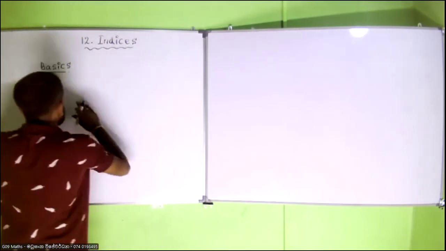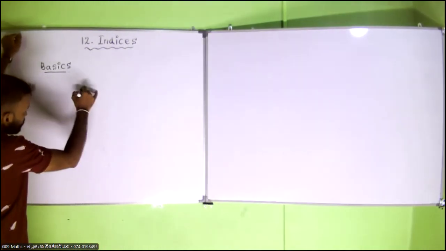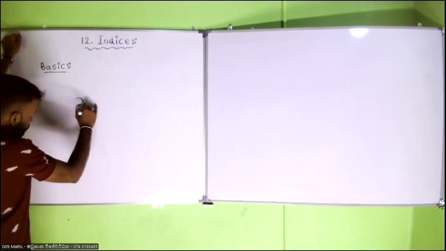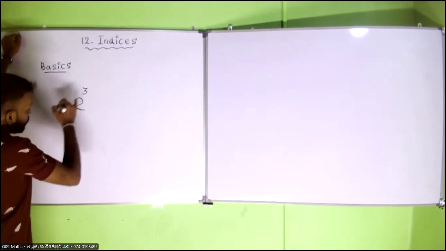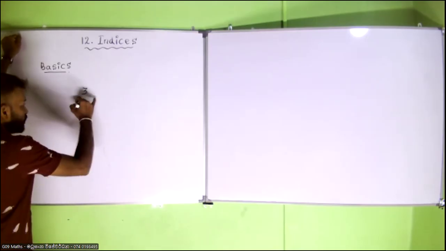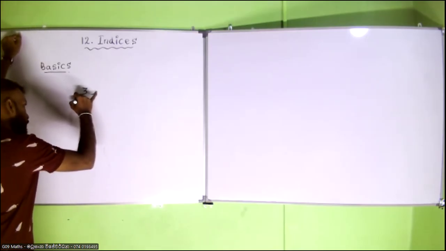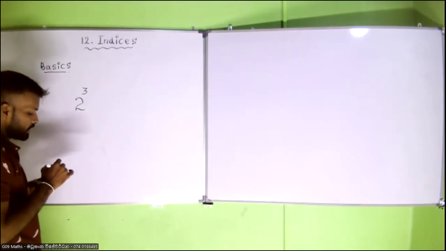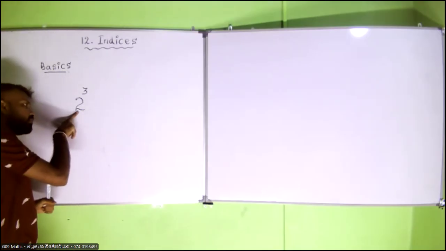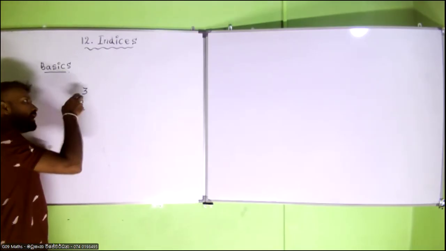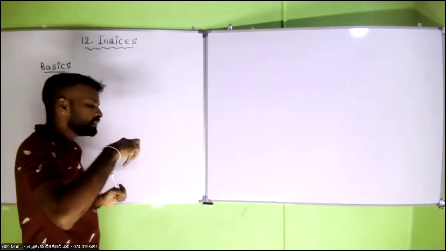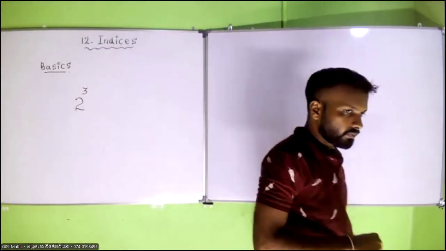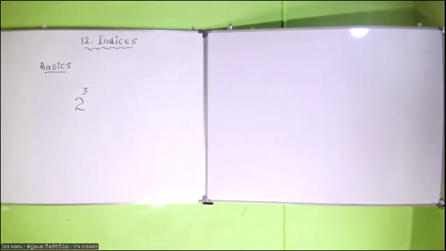So if I write something like this, 2 to the power 3, can anyone tell me what is this 2 and what is this 3 in this power? 2 is the base, 3 is the index. Super.